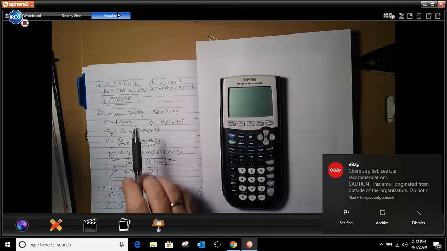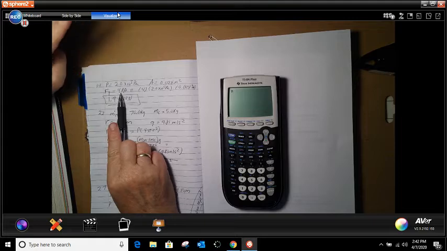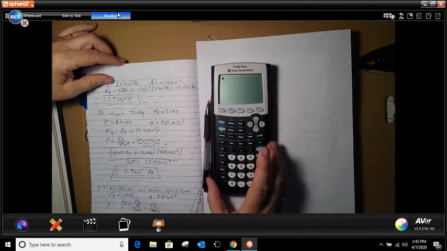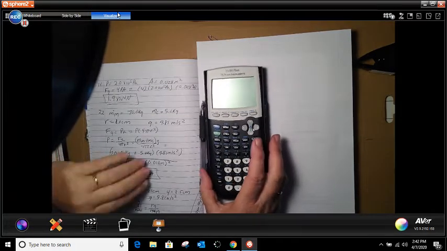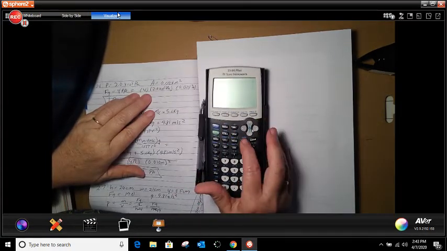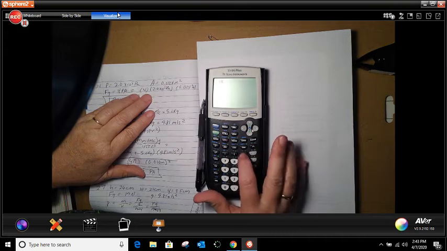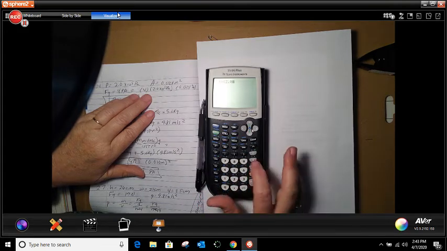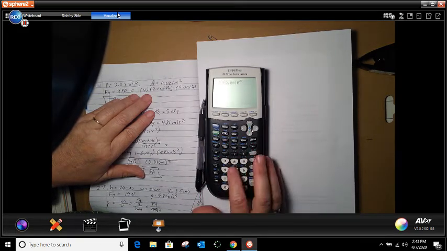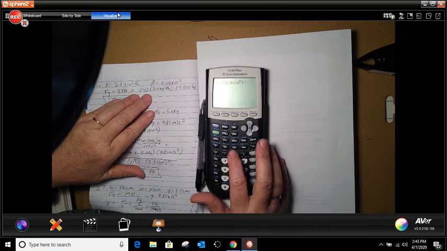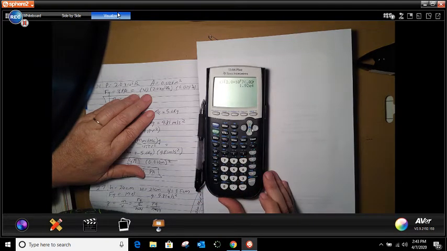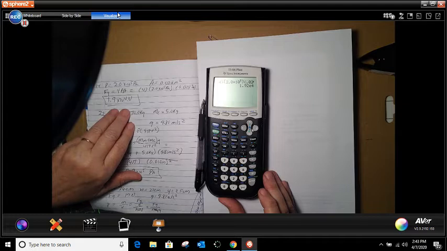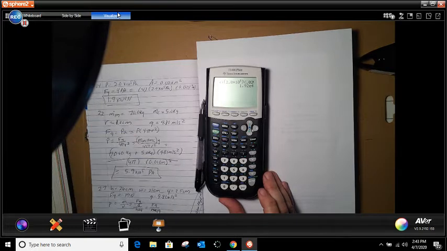I'm going to do 4, because there are 4 tires, times 2.0 times 10 caret 5 times 0.024, and enter, and I get 1.2 times 10 to the fourth.